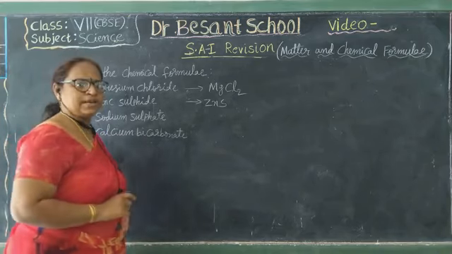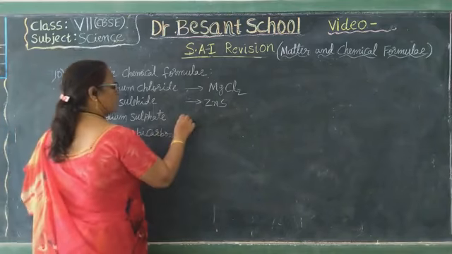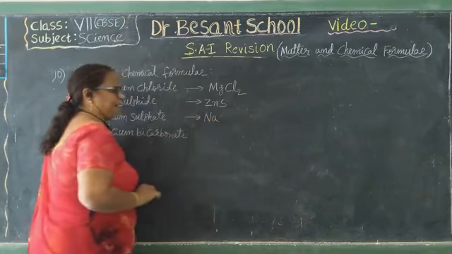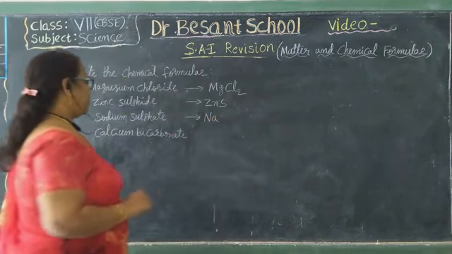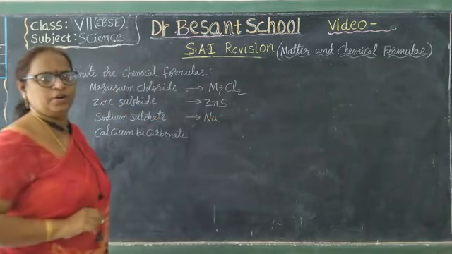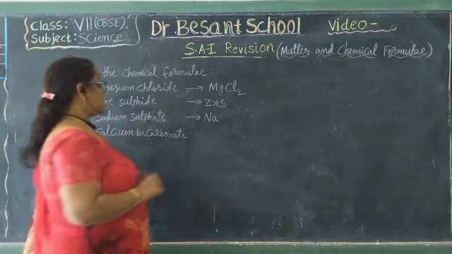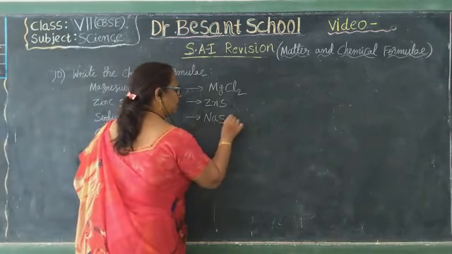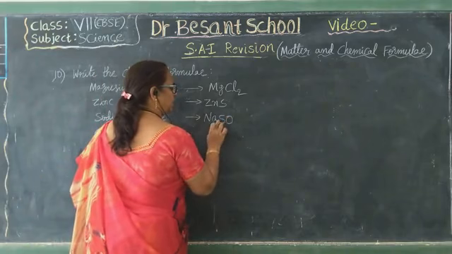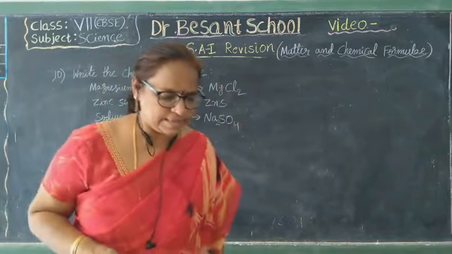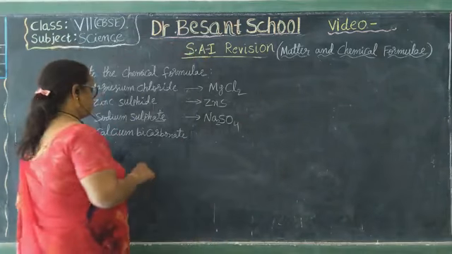So zinc sulfide. Next, sodium sulfate, sodium symbol Na, natrium, Latin name. Sulfate, ATE means what I told, sulfur combining with oxygen, isn't it? Sulfur symbol is S, combined with oxygen, and valency 2, Na2SO4. Sodium sulfate formula is Na2SO4.